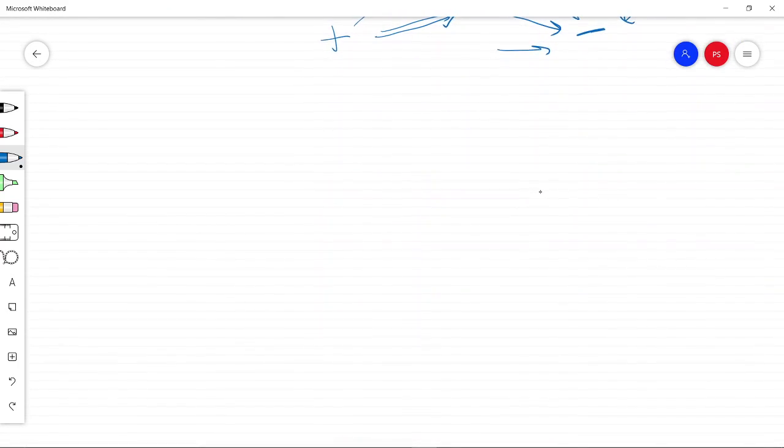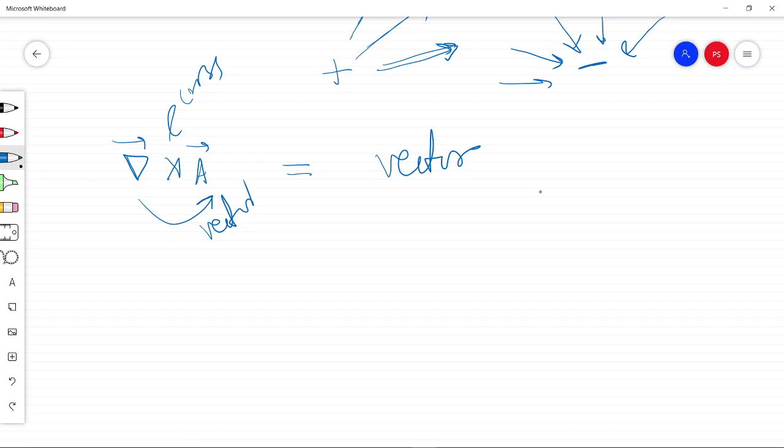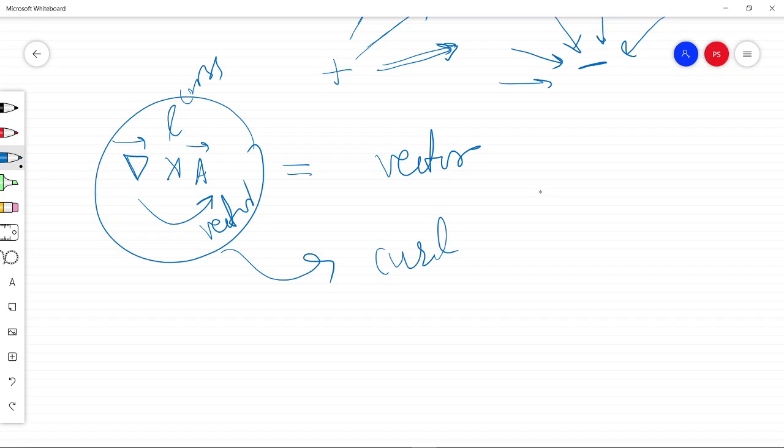Similarly, the next step is to define the cross product of del with a bar. So del operates on a bar, which is a vector, through a cross product. Now obviously a cross product is going to give us a vector result. This type of operation is called curl. If we want to define this, we need to use the definition of cross product.